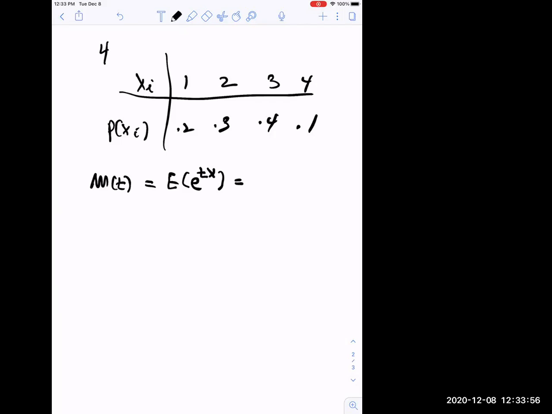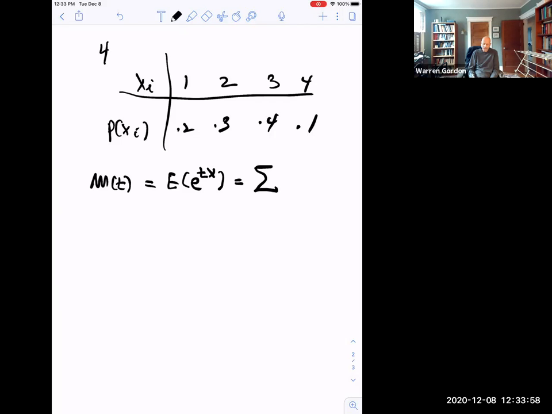which in this case, since it's discrete, would be the sum of e to the tx sub i times p of x sub i over all possible i values. By the way, in the continuous case, remember, it's an integral.